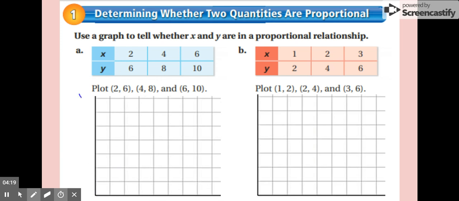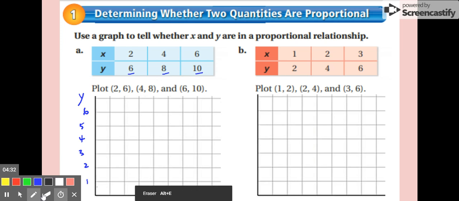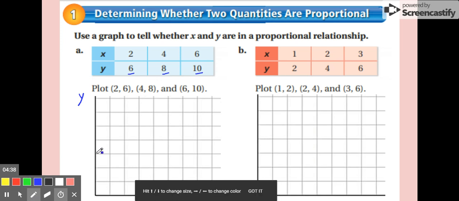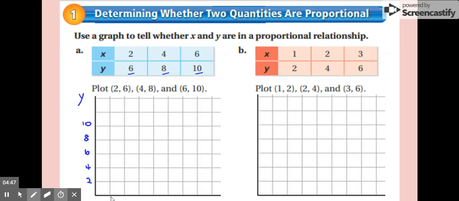I'm going to go up by 1, 2, 3, 4, 5, and 6. Oh, never mind. If you look at the y's, you have to go up by 10. So let me go up by 2. Okay, let me erase this. And I need you to put a scale on your graph. So 2, 4, 6, 8, and 10.